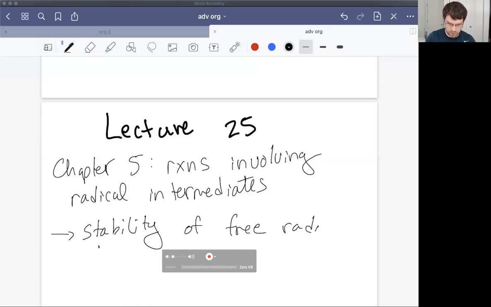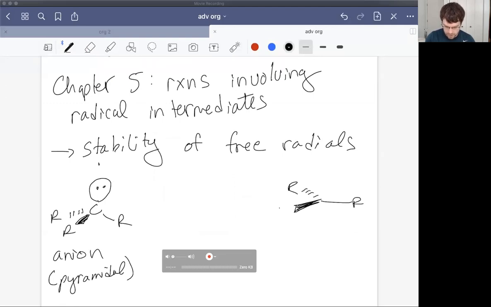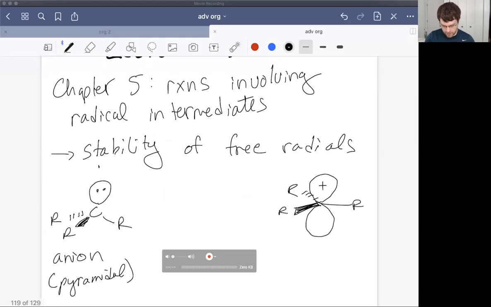So free radicals, if they're carbon-centered radicals, I should say, lie somewhere between our carbanion, in having a pyramidal geometry, and a carbocation, which has a planar geometry. And we can draw the planar geometry with this unhybridized p orbital.